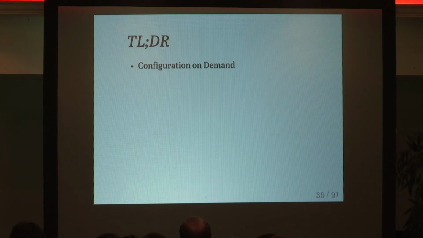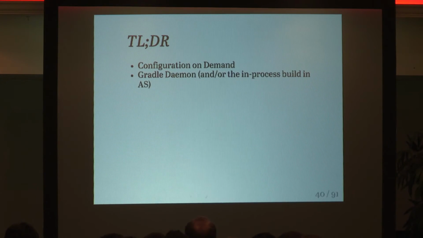Just to quickly reiterate the main things I want you to take away from here about the configuration phase. If you have multi-project builds, especially ones that build multiple apps within one project, try out configuration on demand. Definitely enable the Gradle Daemon and the in-process build option in Android Studio. The newer versions of Gradle are faster.